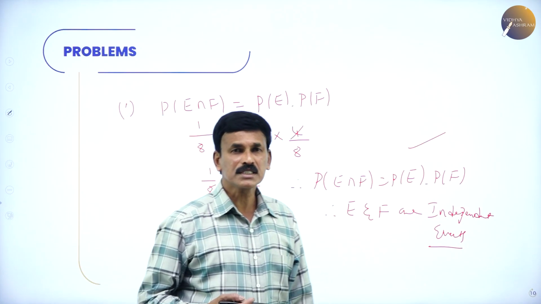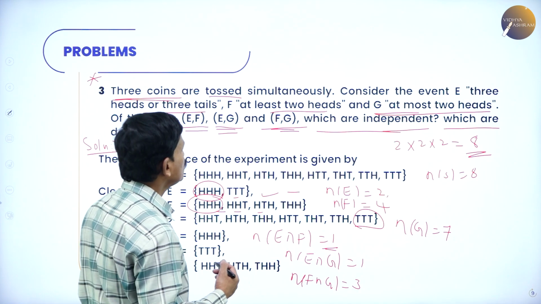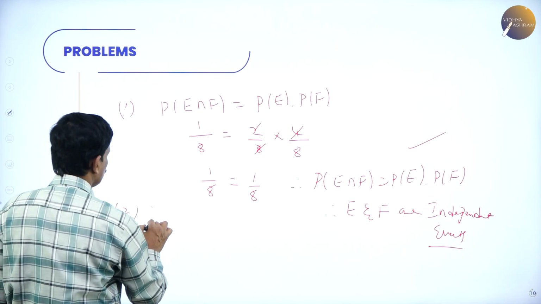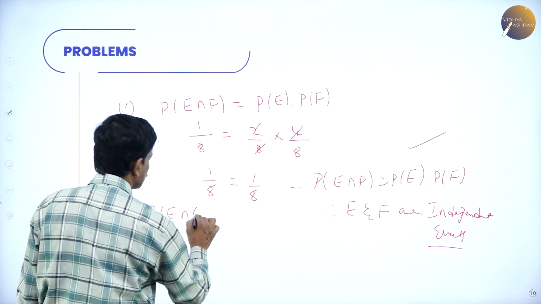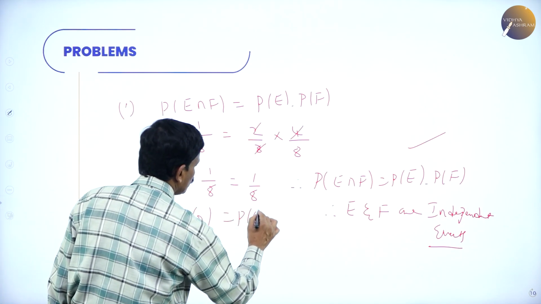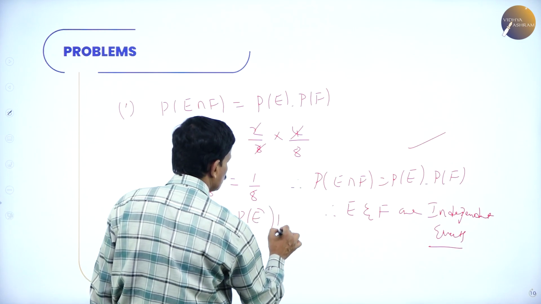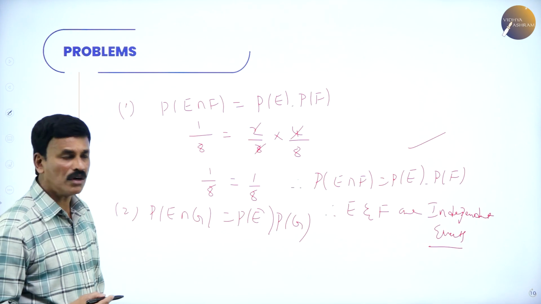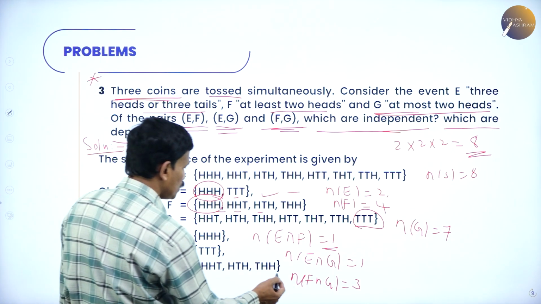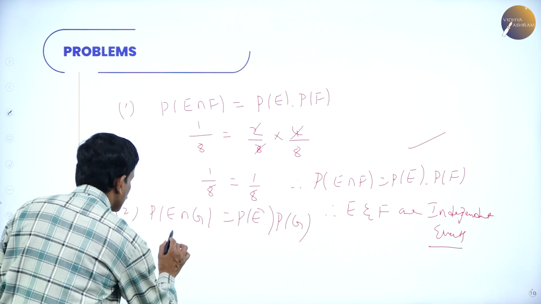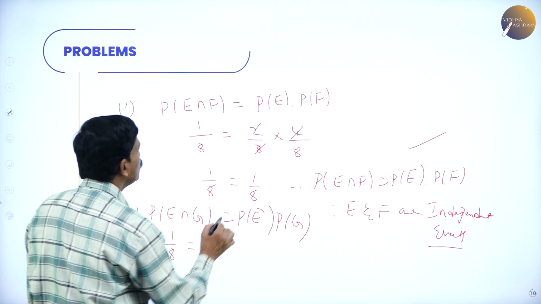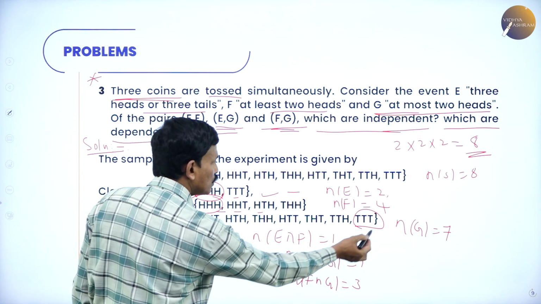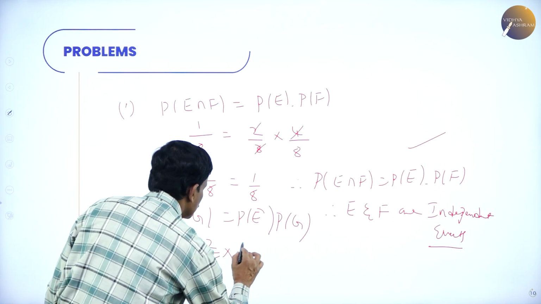Now let us come to the second part, E and G. Probability of E intersection G is equal to probability of E into probability of G. Verify whether LHS is equal to RHS. E intersection G is 1 divided by 8, which should equal probability of E, 2 by 8, into probability of G. What is the probability of G? 7 by 8.